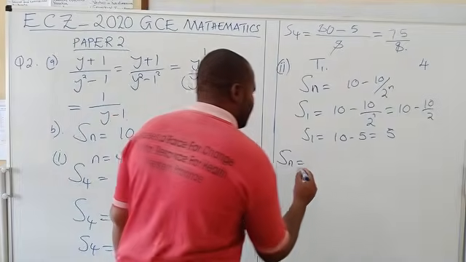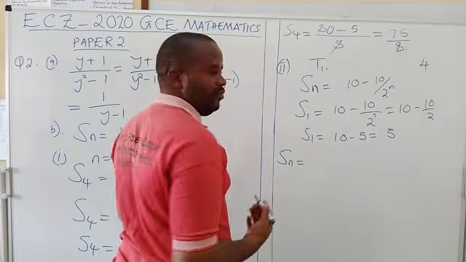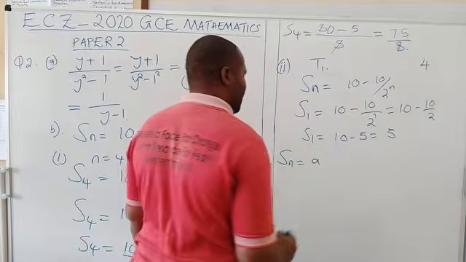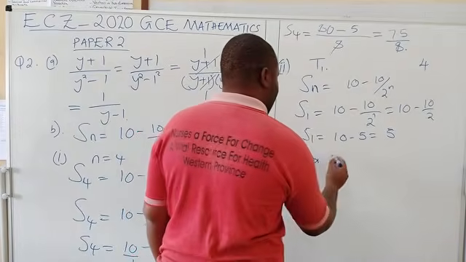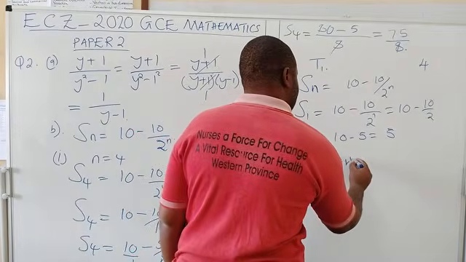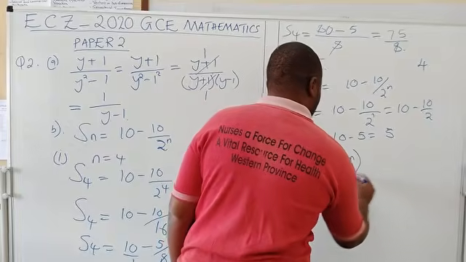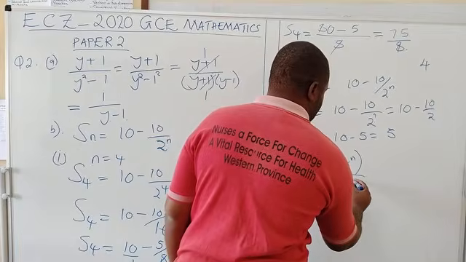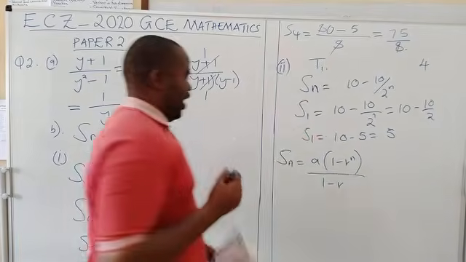Or maybe we use the formula for getting the sum of n terms of a GP, the standard one, which is A times 1 minus R to the power n over 1 minus R.